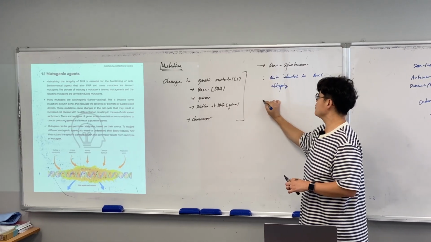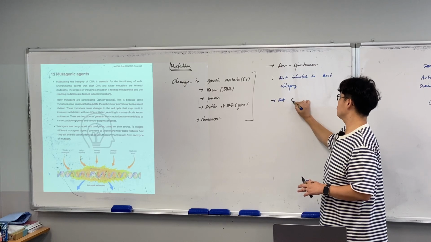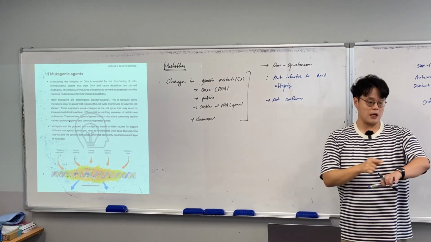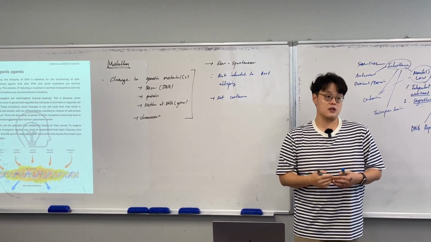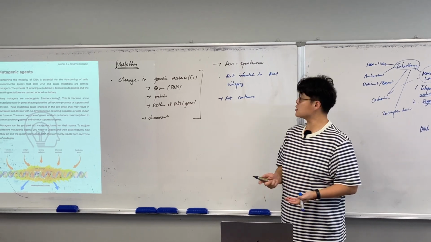And it's also not continuous. So what happened is basically you had one mutation in a skin cell, and that's it. It's not going to be spread apart, it just stays there. It's probably just going to be deleted by your immune system too.